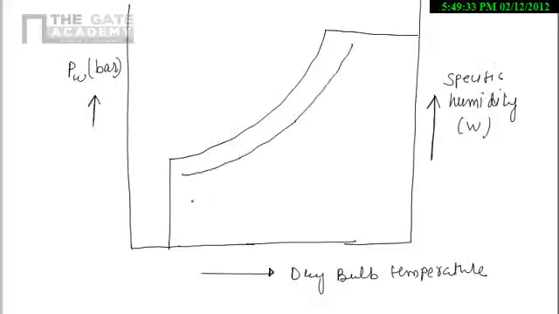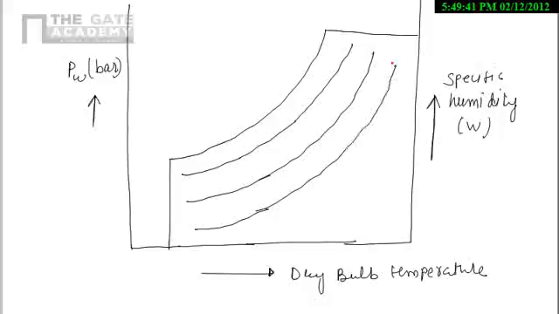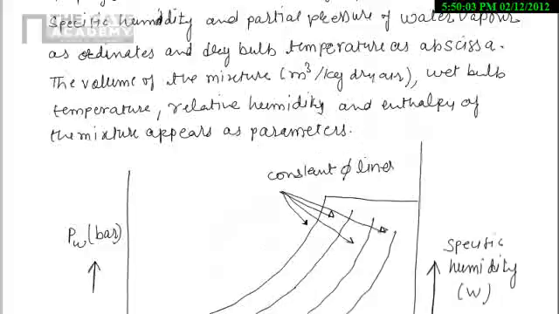These lines are constant relative humidity lines. And here the outer line, that is phi equals 100%, is the saturation line.